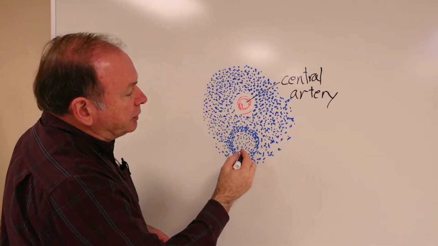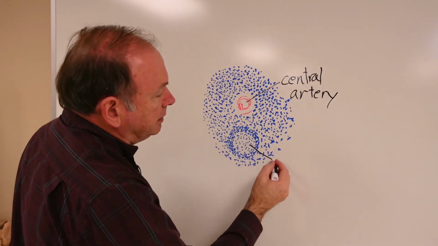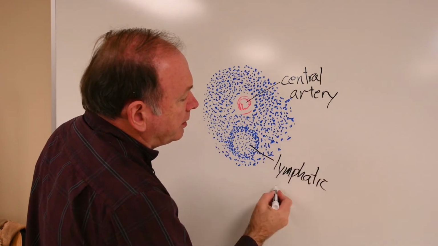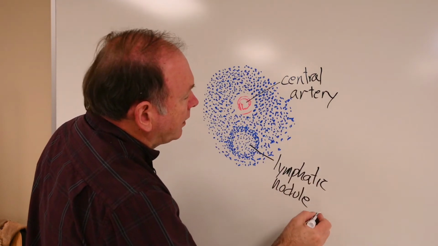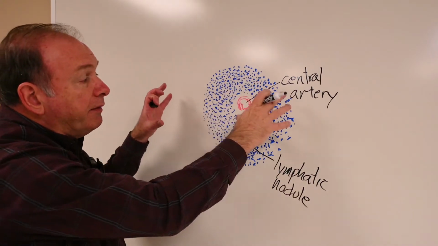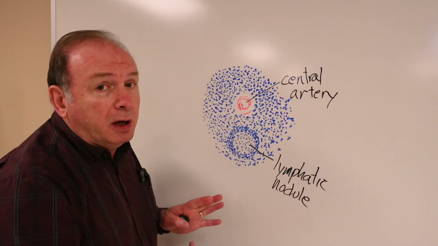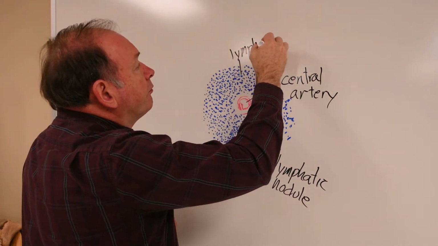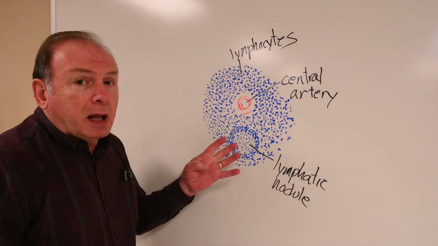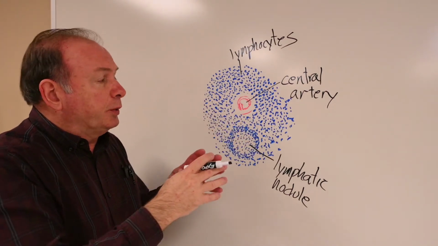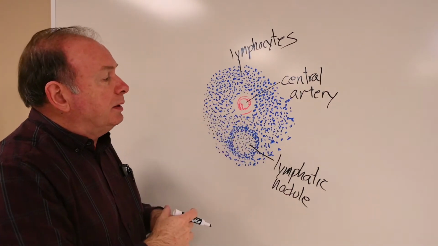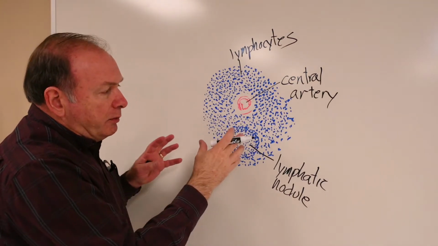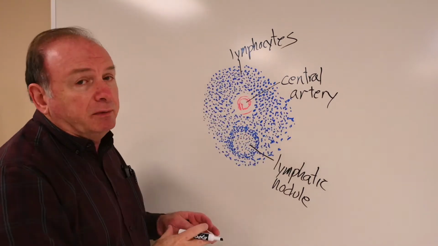In that white pulp, we'll also sometimes see a lymphatic nodule. But most of this is just an accumulation of lymphocytes. Likely there are some reticular cells with reticular fibers forming some bit of a framework within this tissue, but they're not really very visible because of the abundance of lymphocytes.